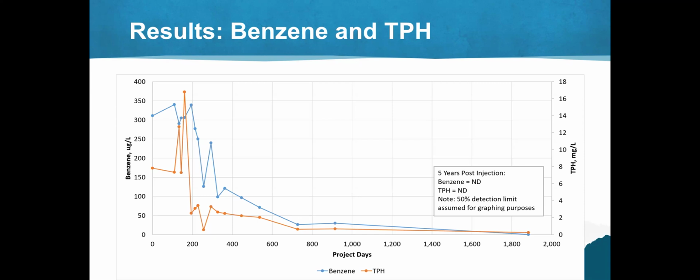You'll see the TPH jumps, the benzene dives, comes back up. This is kind of typical in the initial phases of equilibrating to the activated carbon. And you see this graph continue to day 1,800. And you can see the result here. So this was not just like I cut it off in the first year.